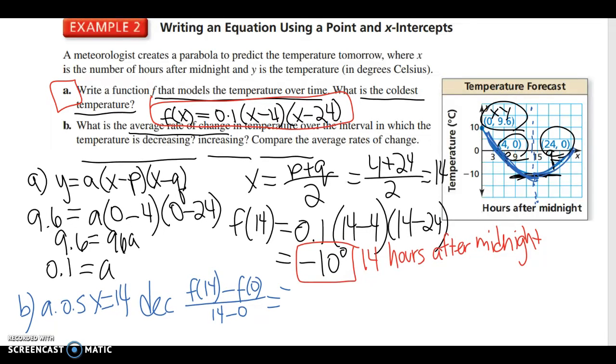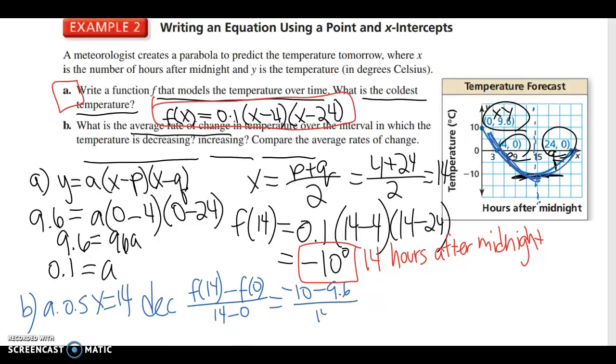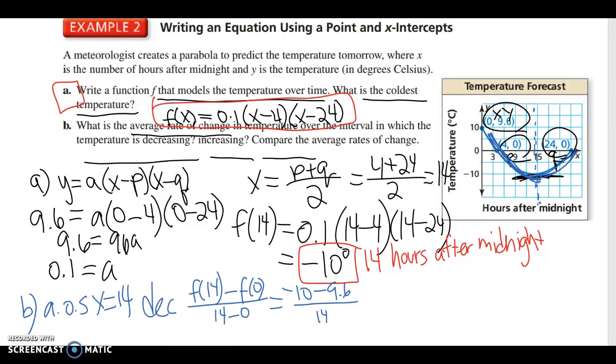And that's going to be negative 10 minus 9.6 over 14, which will be negative 1.4. So the average rate of change is negative 1.4 degrees from 0 to 14 hours after midnight. Okay?